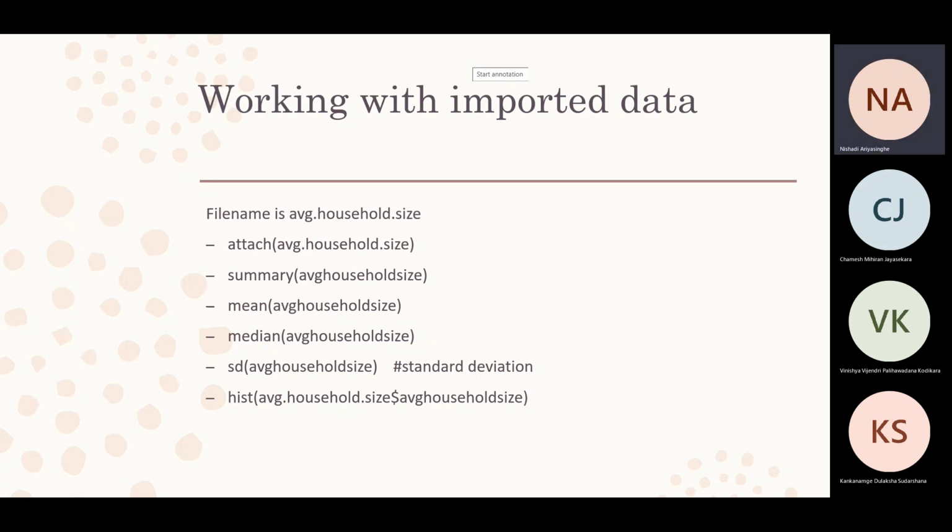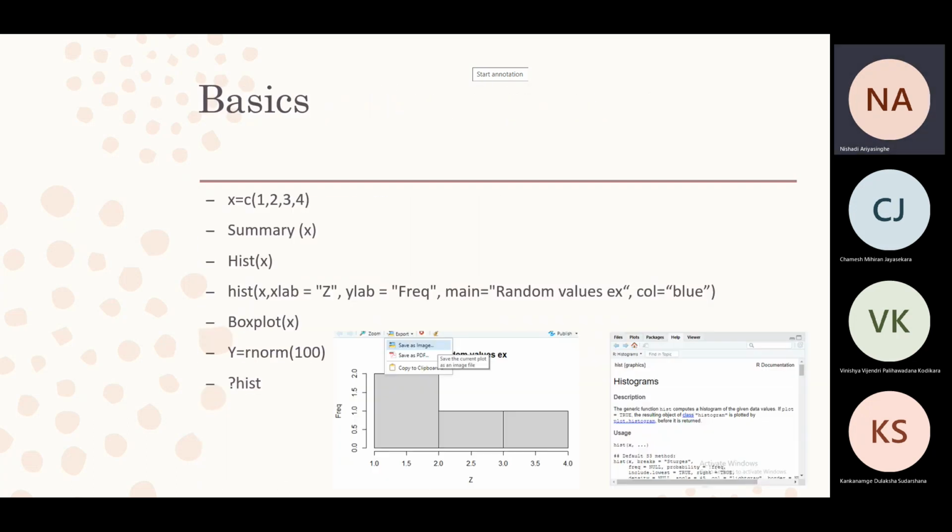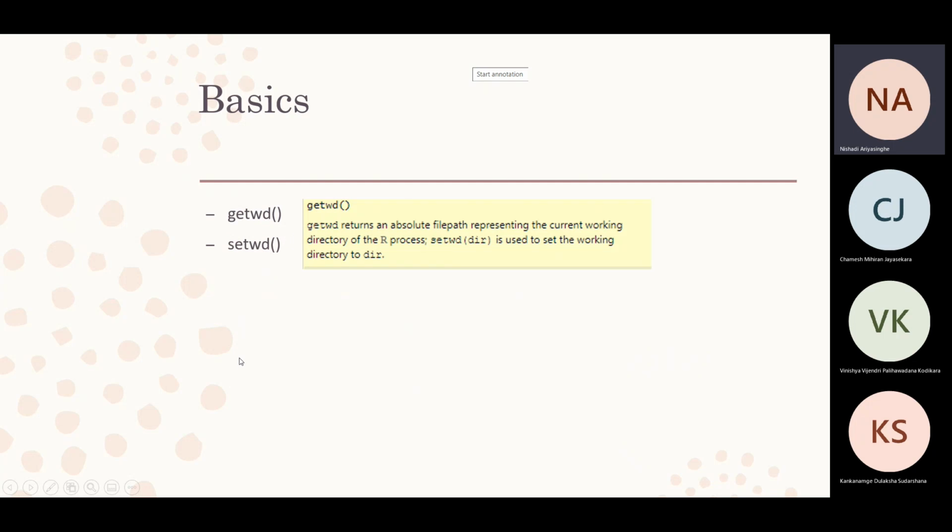So I have sent you this handout, so I'll just give you a little bit of time to go through up to this point here. So yeah, here also there are some functions. We'll come to this part later, creating histograms and box plots and those things.